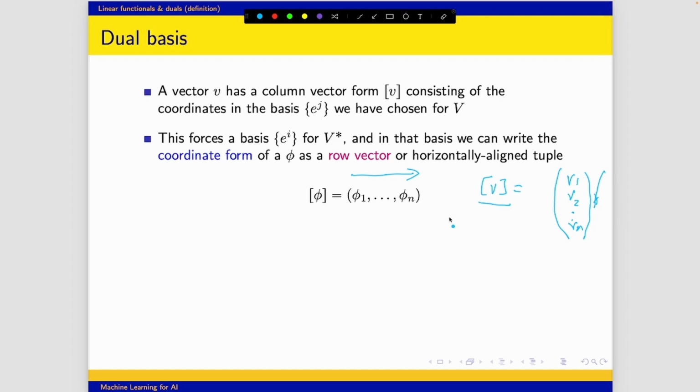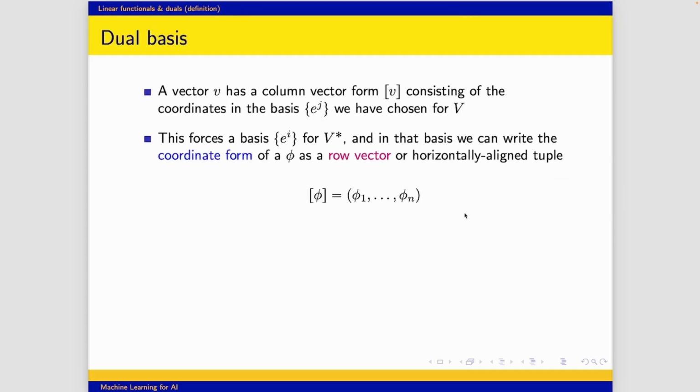Now, I'm sure you're wondering, why on earth, what the hell? Well, I'm going to explain this soon, because it does seem a little bit crazy until you understand historically why this happened and why this notation persists, of why we write these things as rows and vectors as columns, or horizontal lists of numbers and vertical lists of numbers, or tuples.